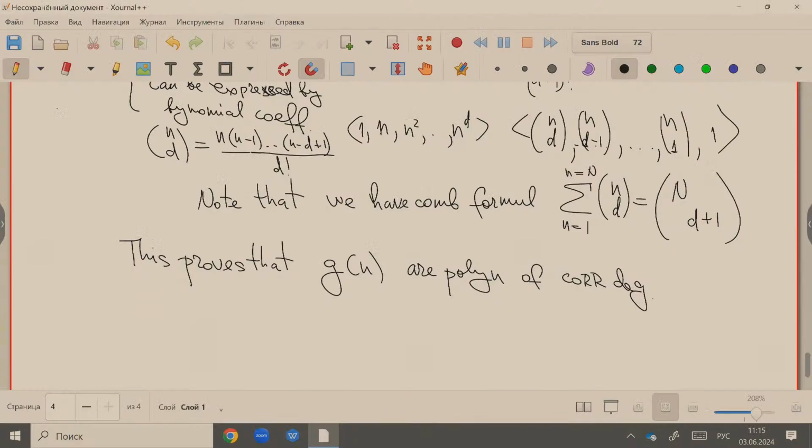Now we should apply this to our situation, where we can get the dimensions.